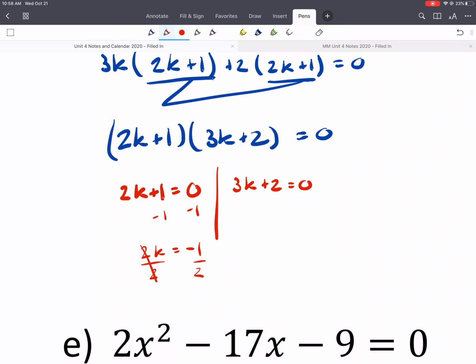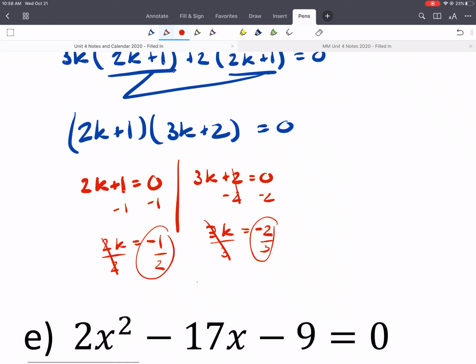So one of our solutions is -1/2, and then here 3k equals -2. Divide both sides by 3, and our other solution is -2/3. So we'd write them: k is equal to -1/2, comma, -2/3.